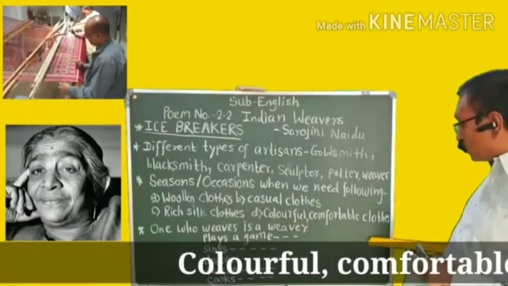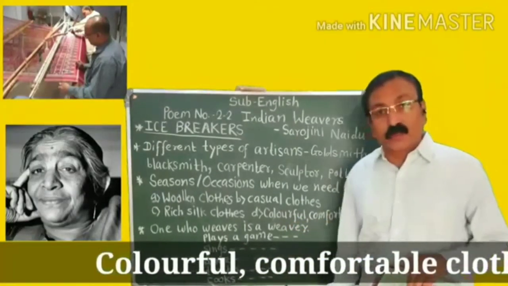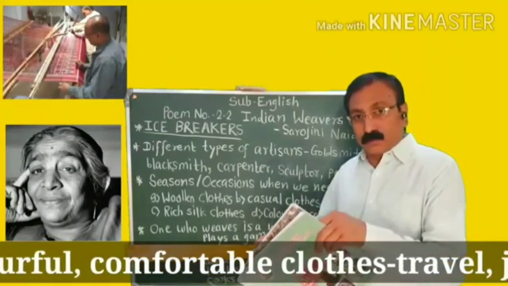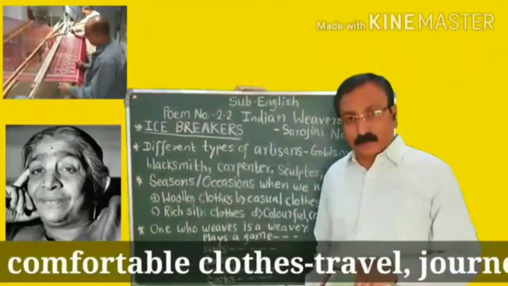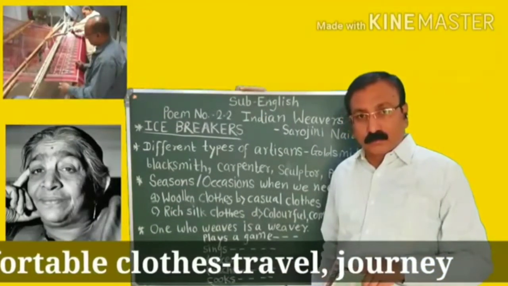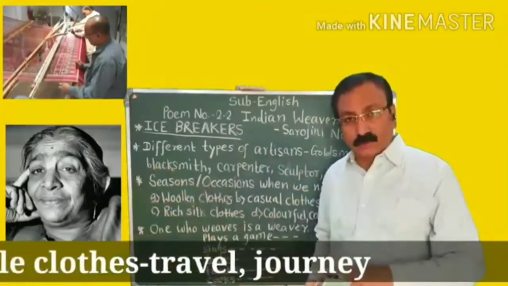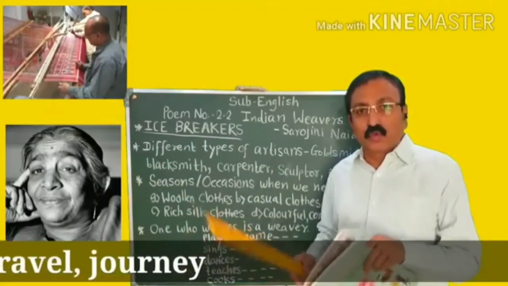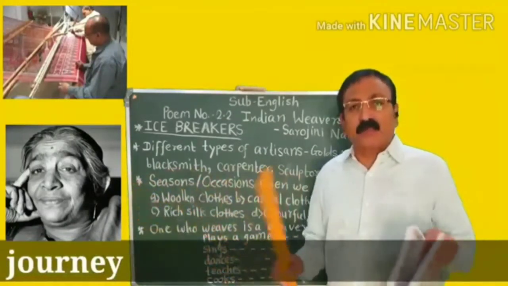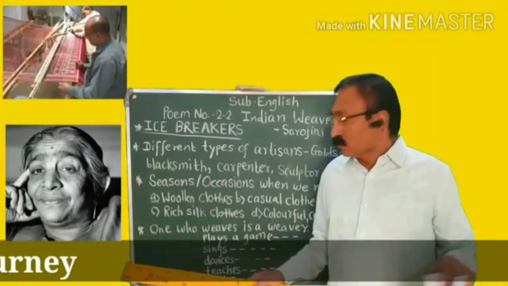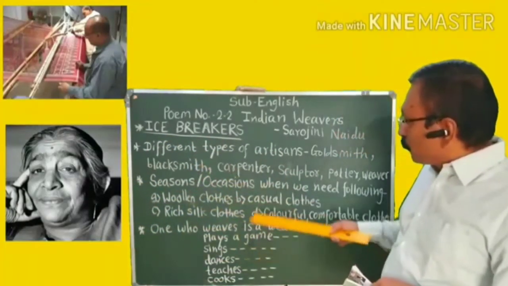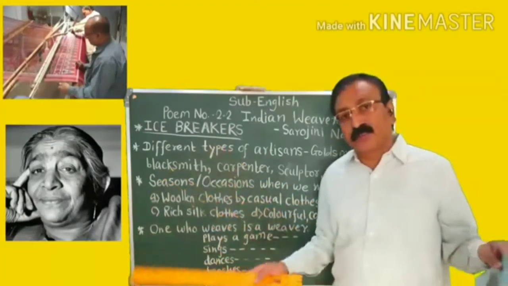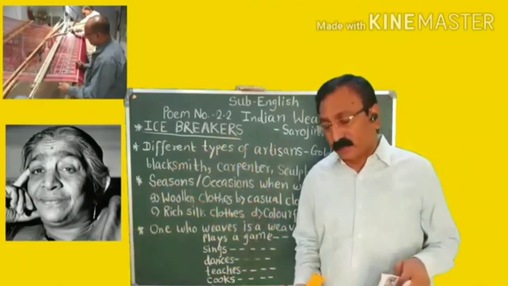Whenever we are going somewhere outside, on a tour or journey, at that time we prefer to use very comfortable and colorful clothes. So this is how we normally use different kinds of clothes in different seasons on different occasions.